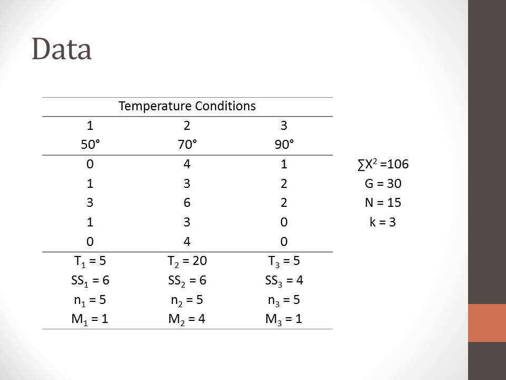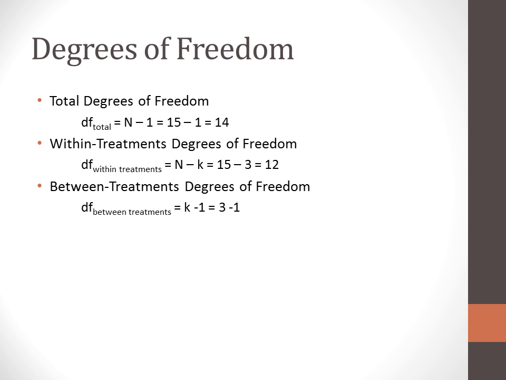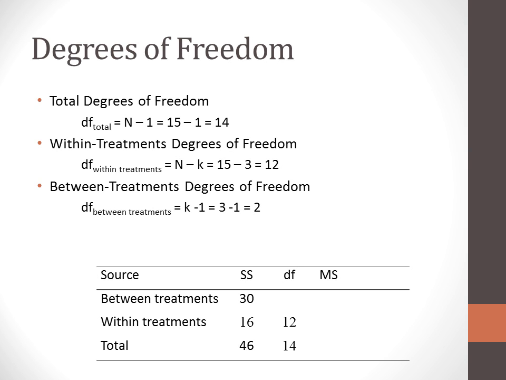If we go back to the data, we have 3 groups. We take the value of 3, subtract 1, and we get a value of 2. So let's put that value in the table. And as I mentioned previously, the degrees of freedom total is simply degrees of freedom between plus degrees of freedom within. Thus, the value of 2 plus 12 should equal 14, which it does.